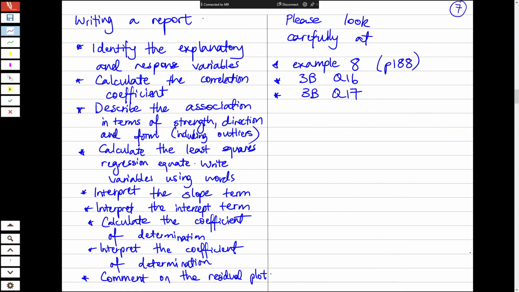Okay, that's it. So the last thing that I want to talk about is writing a report. So you'll want to pay attention for this because of the following sentence that I'm writing.